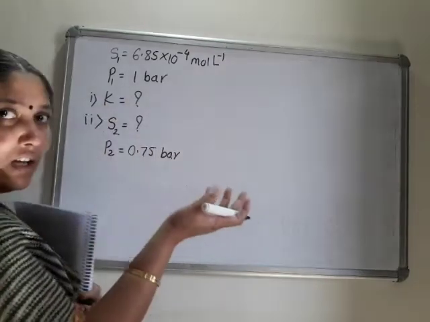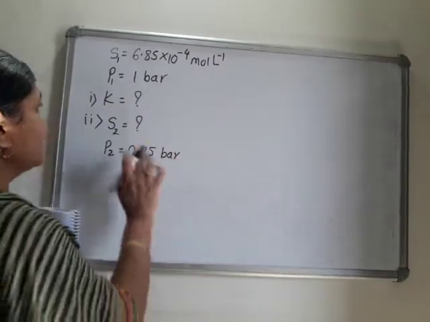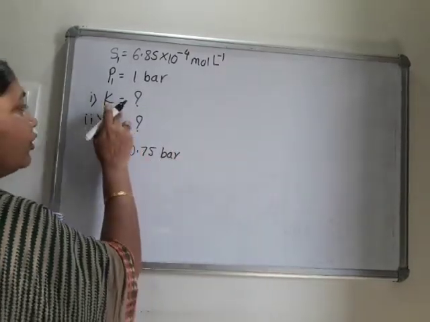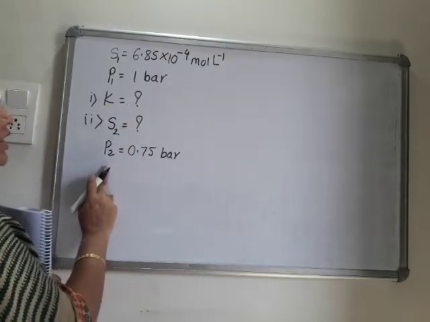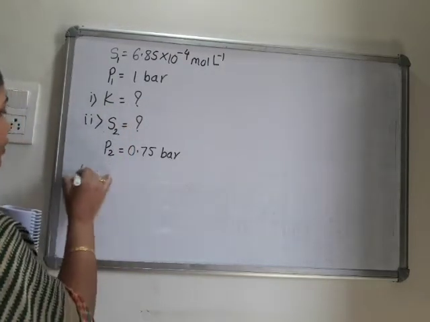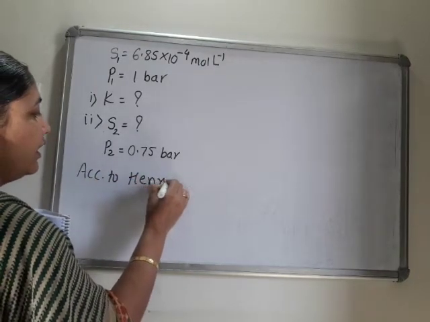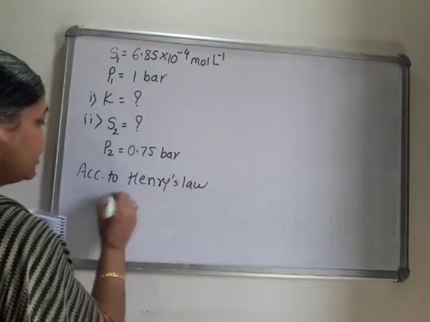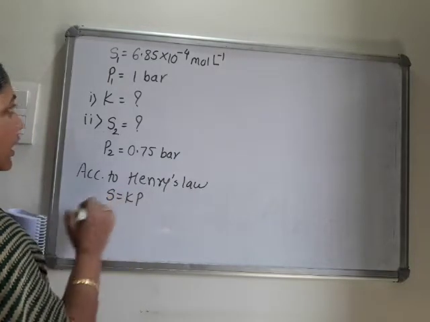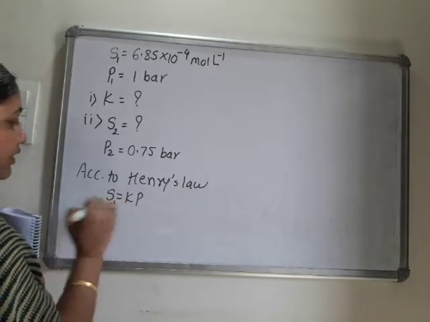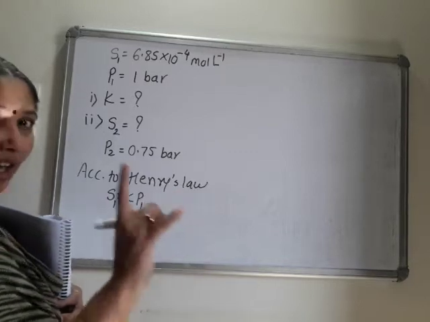K is constant, so it is the same for the given gas. So in the first case we will find the value of K, and that K value we will use here to find S2. So according to Henry's law, S is equal to Kp. So here we will say S1 is equal to Kp1.